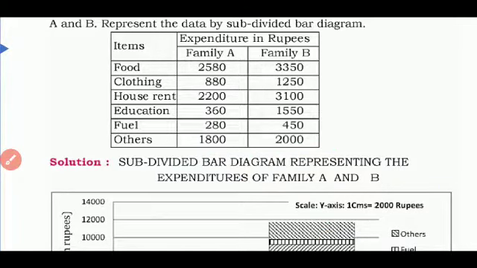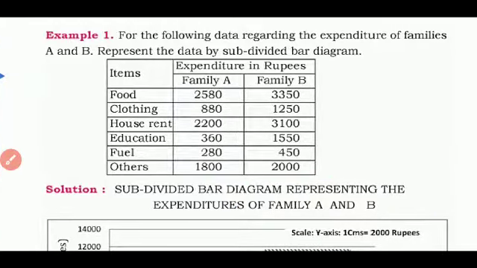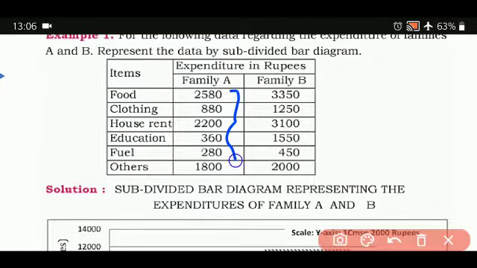The best thing I can tell you all is to write these cumulative values. I am telling you all how to do it. For family A, the first value is 2, 5, 8, 0.